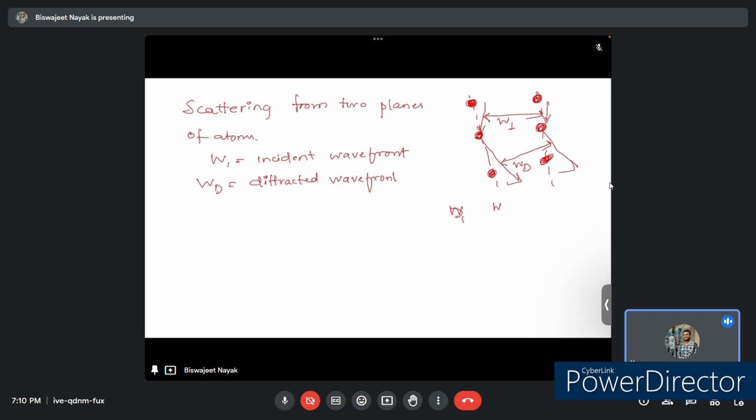So this WD corresponds to the diffracted beam, and that depends on whether atoms are scattering in phase or not, which is determined by the angle between the incident beam and the diffracted beam.